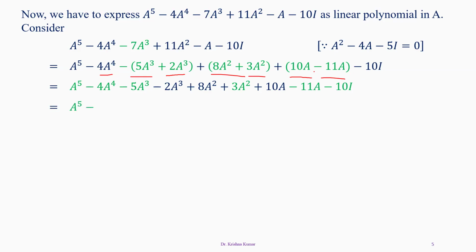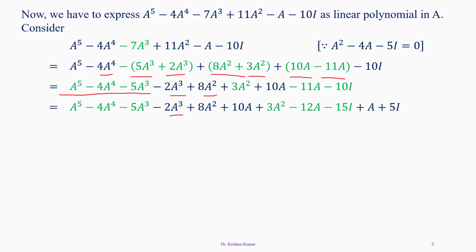If we simplify it again, we can write A^5 - 4A^4 - 5A^3, then -2A^3 + 8A^2 + 10A, then + 3A^2 - 12A - 10. From the first part, we take A³ outside, so A² is remaining, minus 4A and minus 5I.